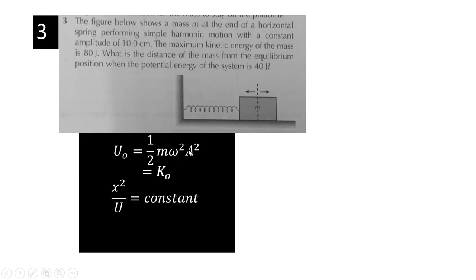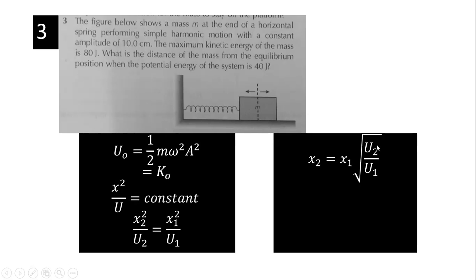So that's why I treat U as proportional to x squared, take the U down, the others are constant, get a formula for that, and play with it. This is the new one, this is the old one. Then x2 over x1 is the square root of U2 over U1.